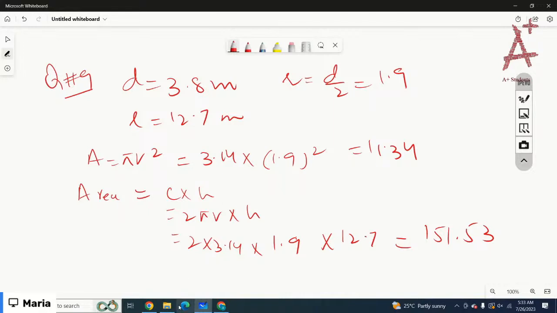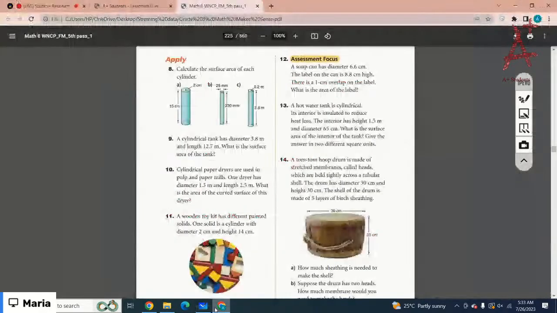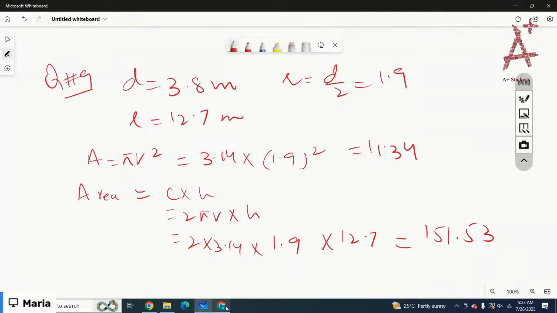Got it? Oh, that is just the area of the rectangular face.